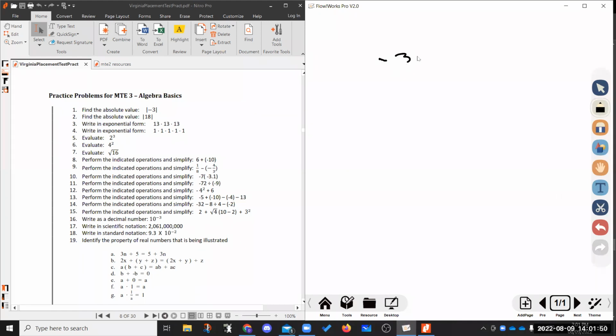Next, we have -32 minus 8 divided by 4 minus a -2. Okay, so we don't have anything in parentheses to be done. This division comes first. I take the entire -8 divided by 4, and it's going to give me a -2. It'll be plus a -2, which is subtract 2.